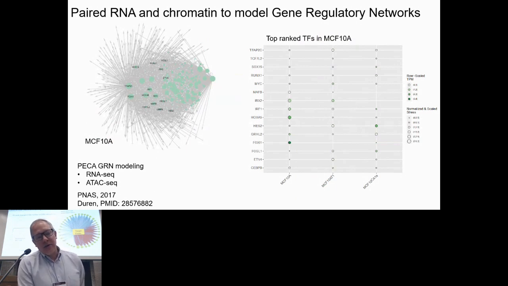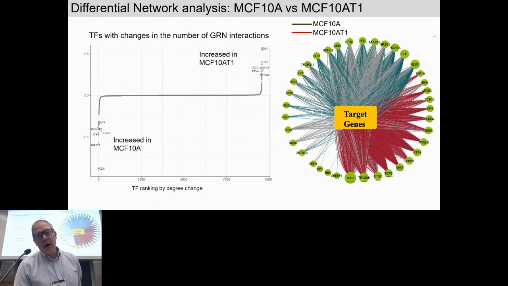By ranking these transcription factor degree changes between 10A and AT1, for example, shown here as a statistical representation, we can map these networks and identify transcription factors that are more active in these gene regulatory networks in different cell states.